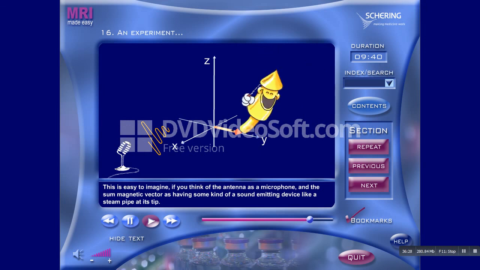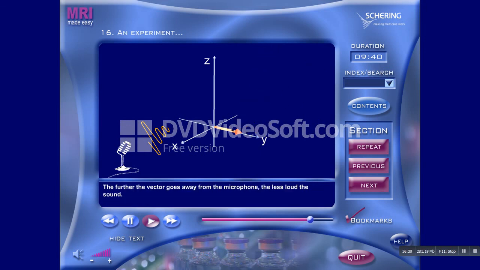The further the vector goes away from the microphone, the less loud the sound. The frequency of the sound, however, remains the same, because the sum vector spins with the precessing frequency.